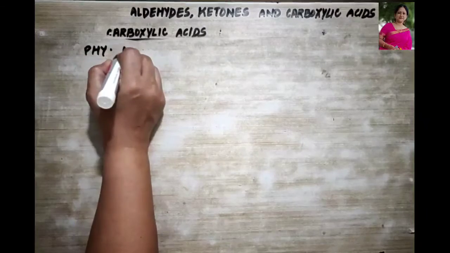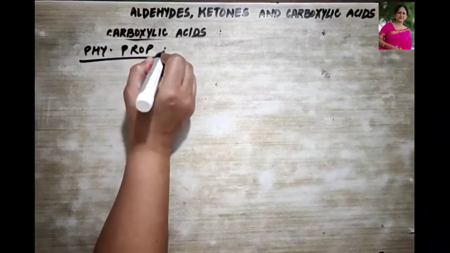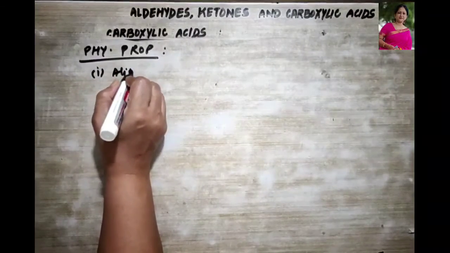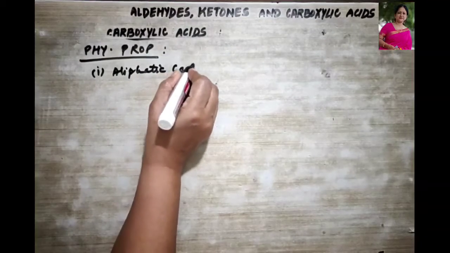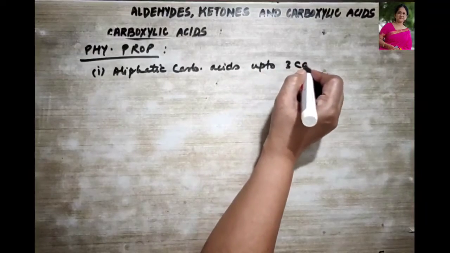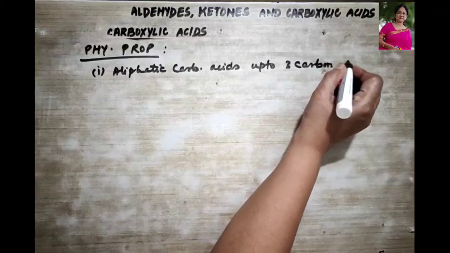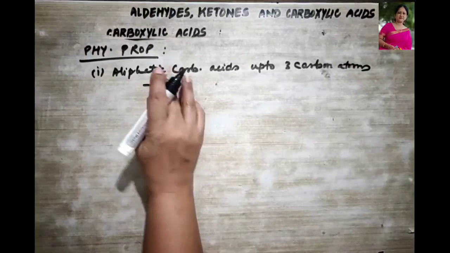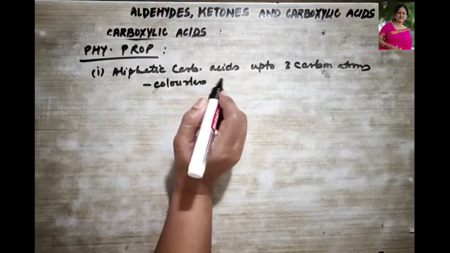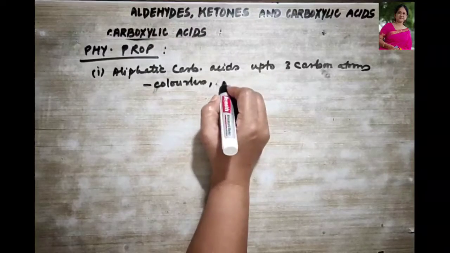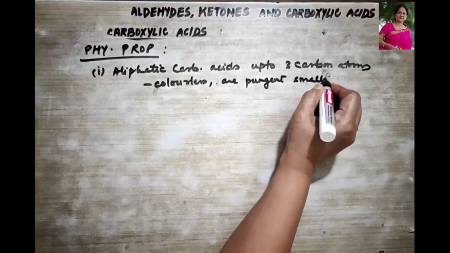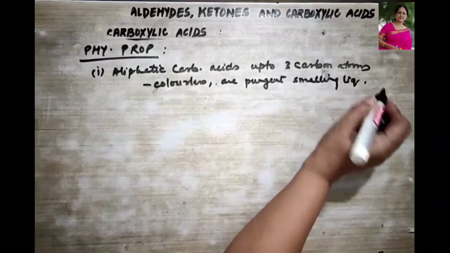Talking about the physical properties of carboxylic acids. Firstly, the aliphatic carboxylic acids up to 3 carbon atoms are colorless, pungent smelling liquids.